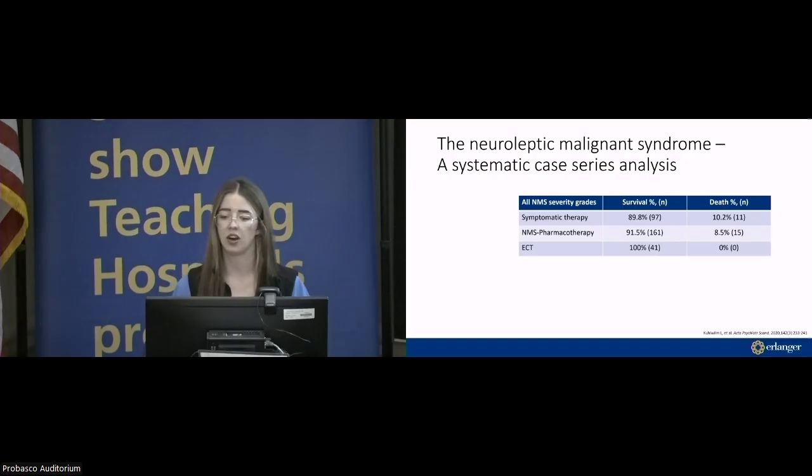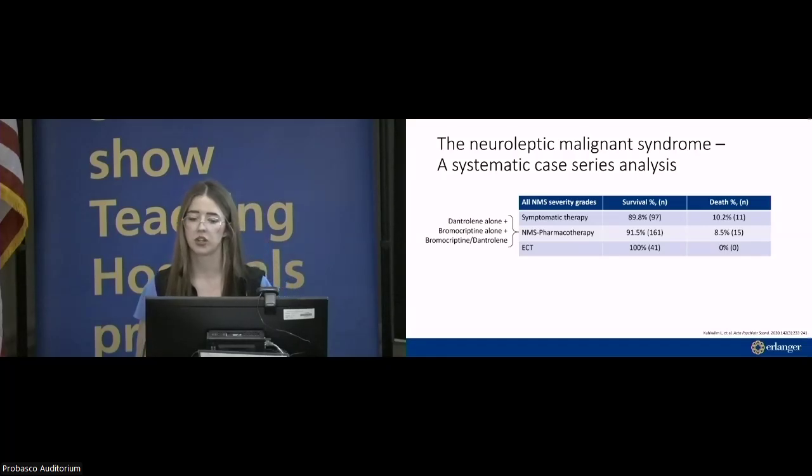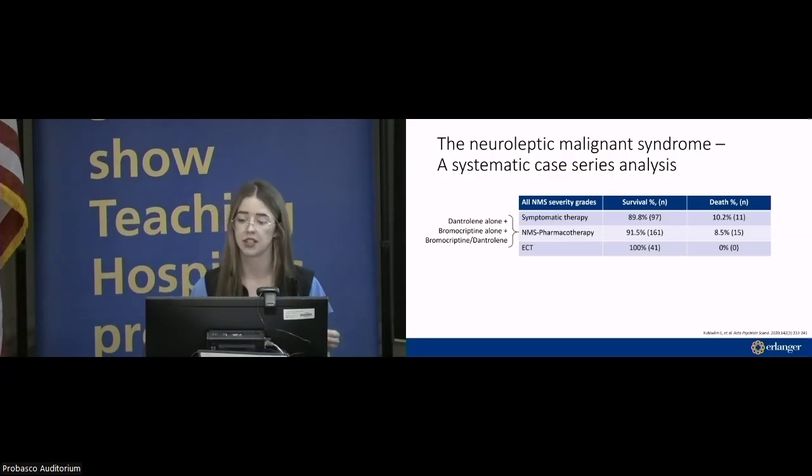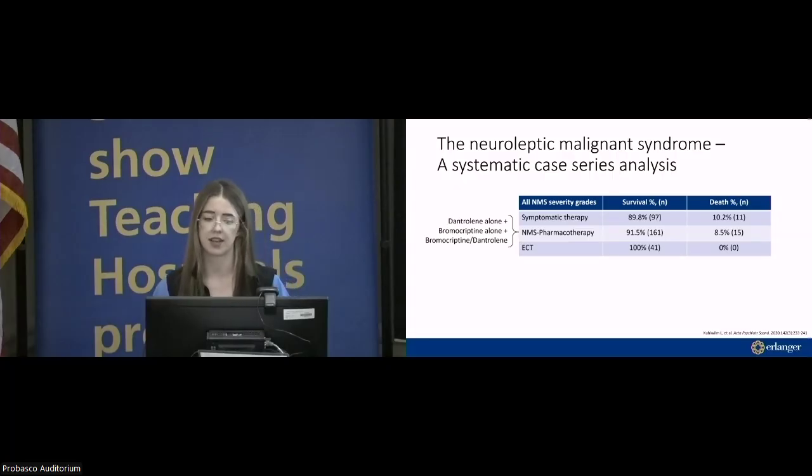When looking at all NMS severity grades combined together, survival was high across all groups. Symptomatic therapy alone resulted in about a 90% survival, while NMS-directed pharmacotherapy, which included the dantrolene group, the bromocriptine group, or their combination combined, all had a very similar survival rate, around 90 to 92%.